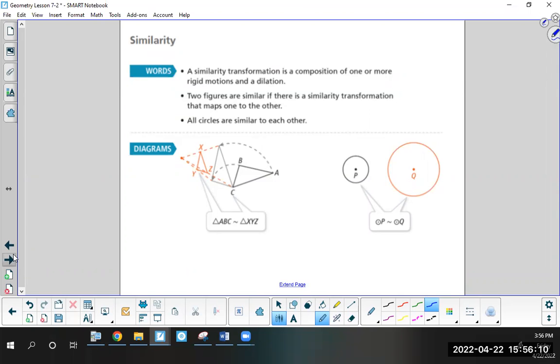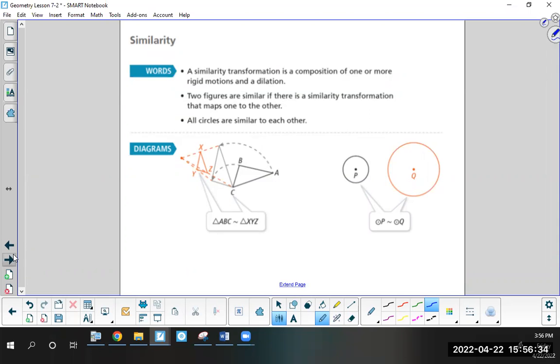In the diagrams, you can see a triangle that's been dilated and rotated, and it shows that these two triangles are similar. Looking backwards, it says ABC to XYZ. It's been rotated, then dilated. And then this one shows two circles that are similar.